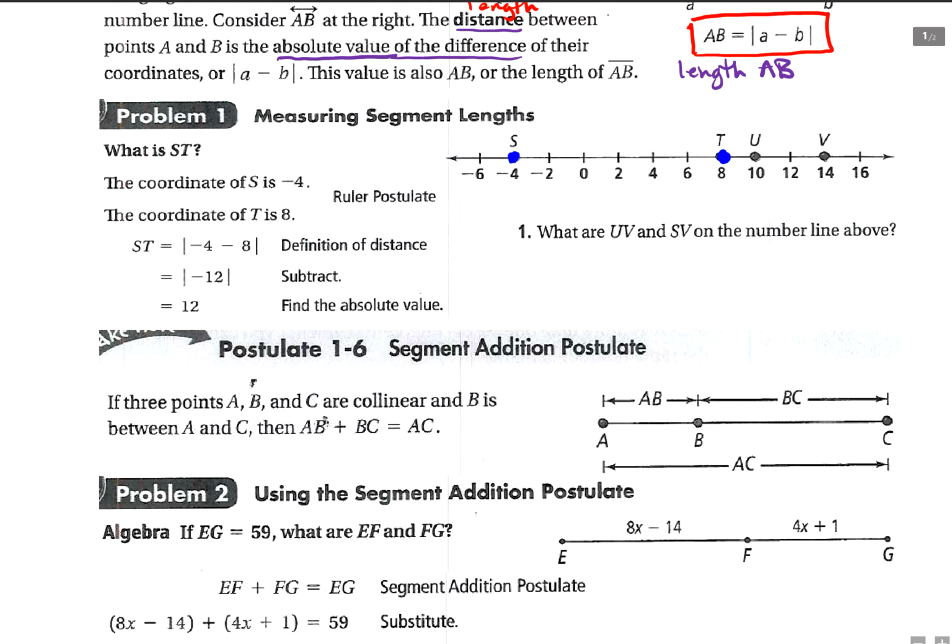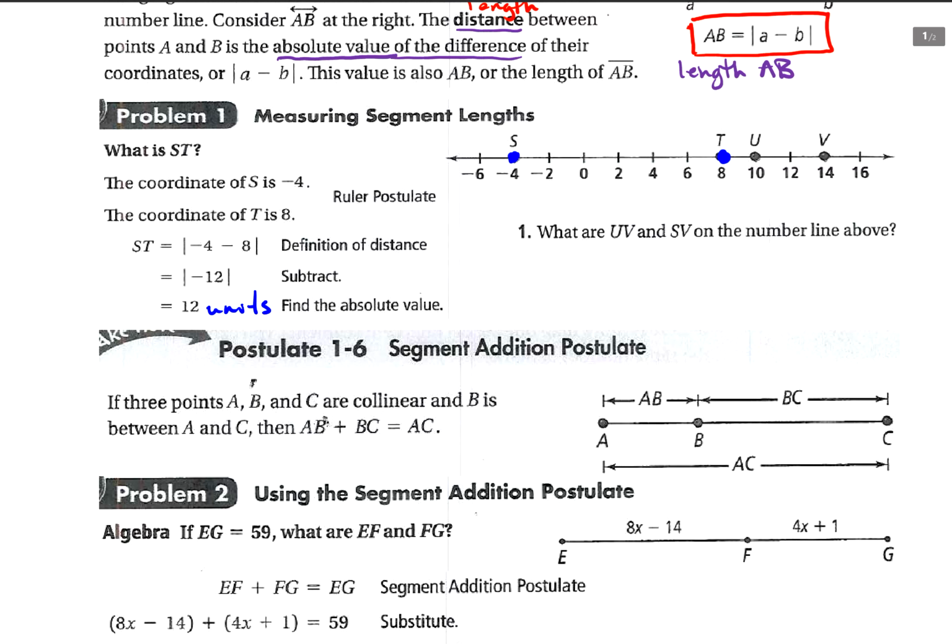The coordinate of T is 8. I am going to do the absolute value of the difference of those two, and I end up with 12 units. And we always label our units. If there's nothing there, you just call it units. If it's centimeters, you use centimeters.